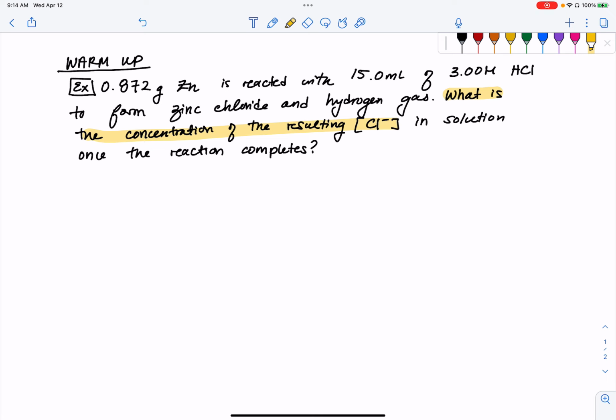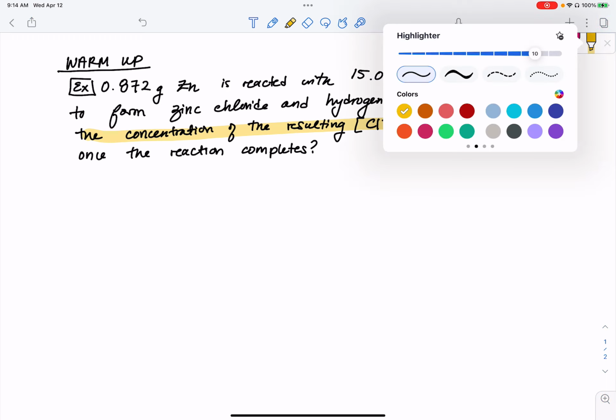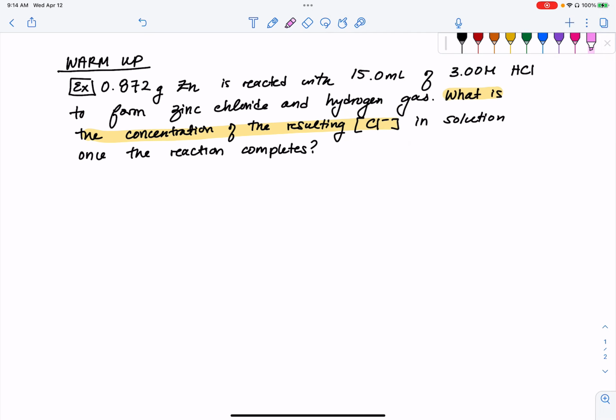That's the goal here. So let's go ahead and start with what we know about our reaction, meaning let's get our recipe, the balanced chemical equation, figured out so that we know in what proportion our zinc and our HCl need to react in order to form zinc chloride and hydrogen gas.